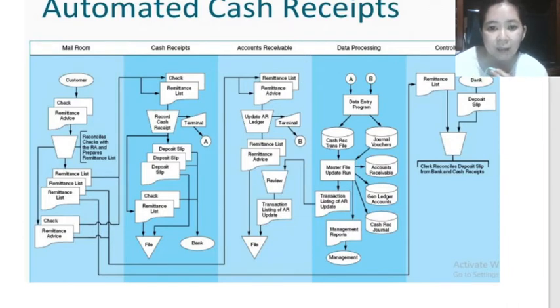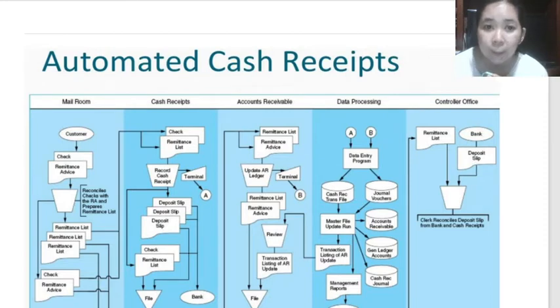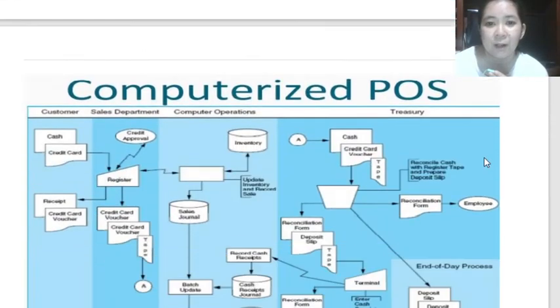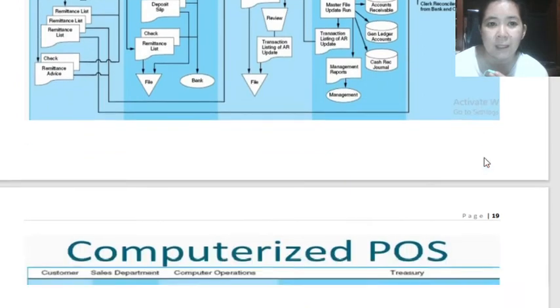Okay, so here again, we can see that there is mail room, cash receipts, accounts receivable, and the data processing. Okay, in which automation of this process takes place. Okay, so there are databases also.